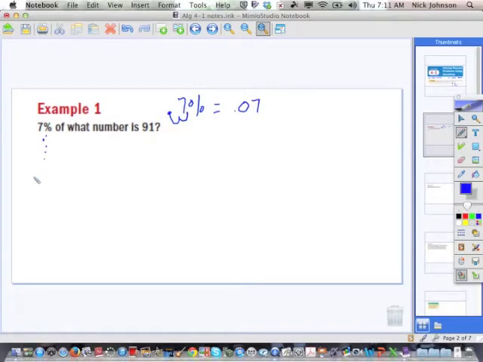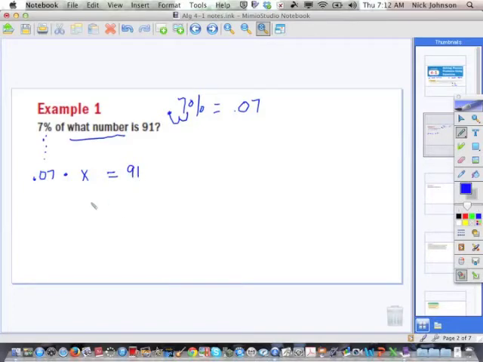So 0.07, of means multiply. What I normally do is put a little dot in here because I like my variable to be x. So I use the dot signifying multiplication. What number? That's our variable, our x. Is means equals, and 91 is just a number, so you just bring that down.